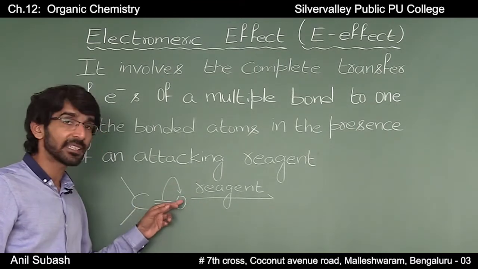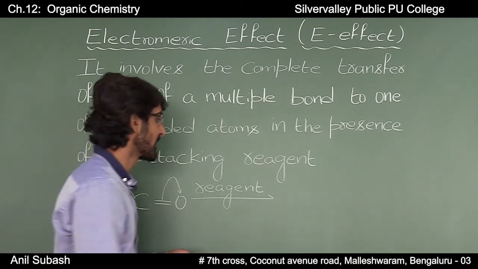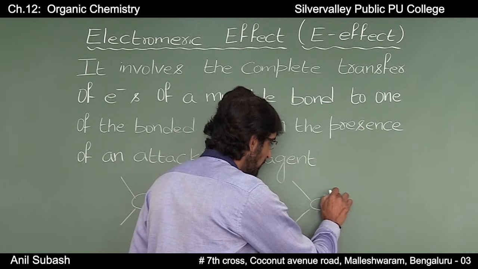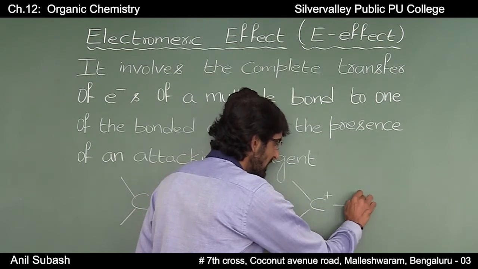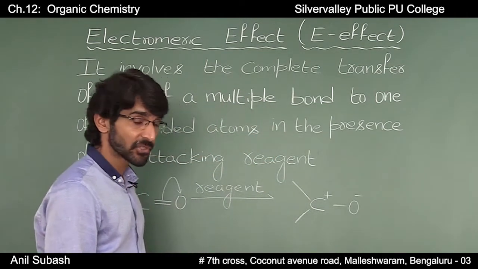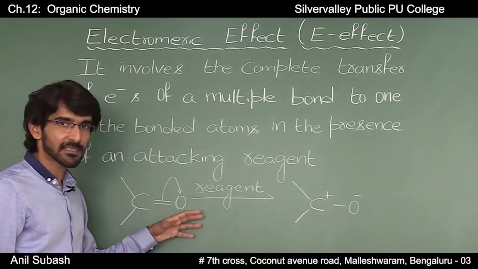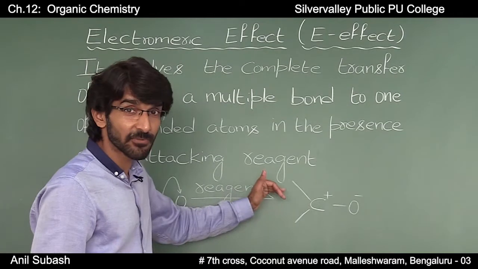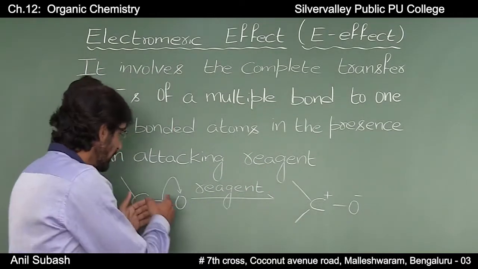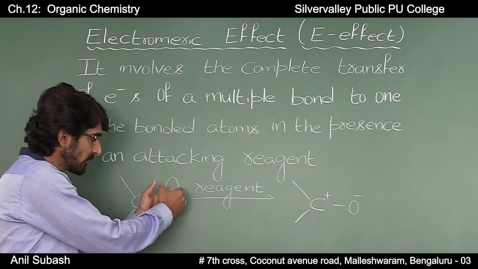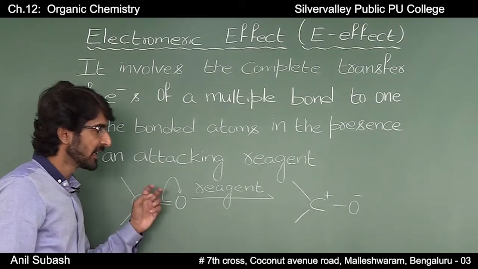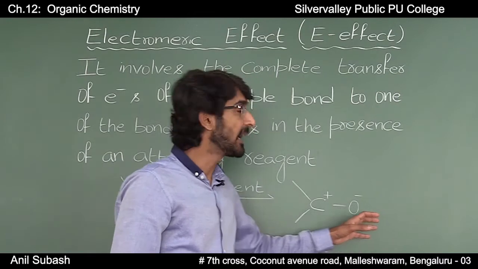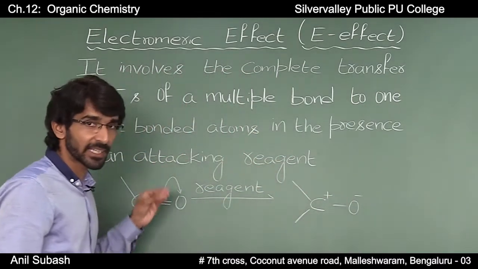In this case it is oxygen. Carbon develops a positive charge and oxygen develops a negative charge, and this type of complete transfer of pi electrons towards one of the bonded atoms in the presence of an attacking reagent is known as electromeric effect.